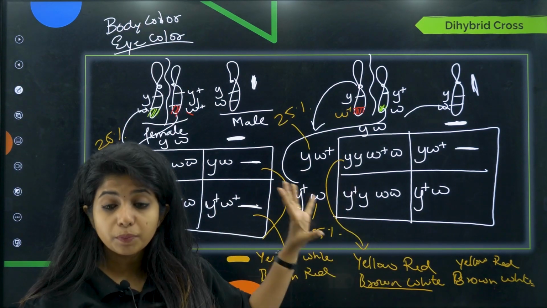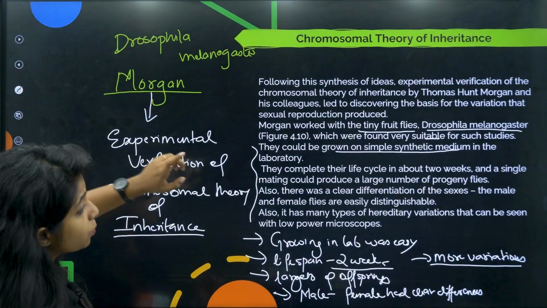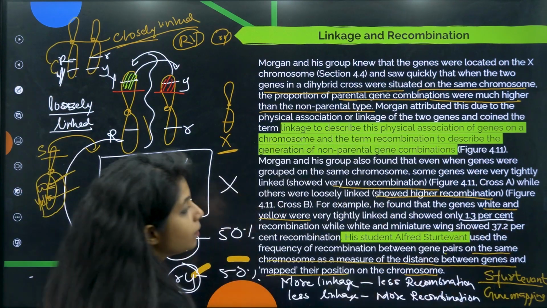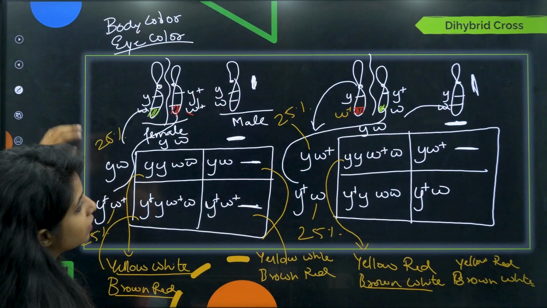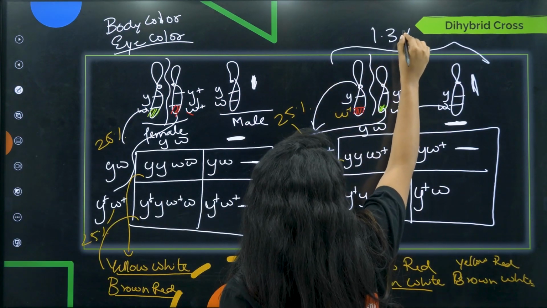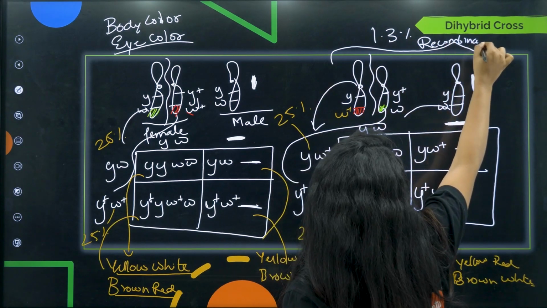The percentage of progenies that were formed like this was pretty less. What was the number actually given? Just 1.3%. What was it, children? It was just 1.3%. So only 1.3% recombination was seen, non-parental variety was seen.